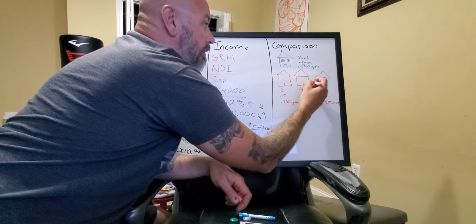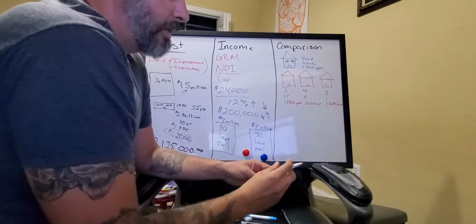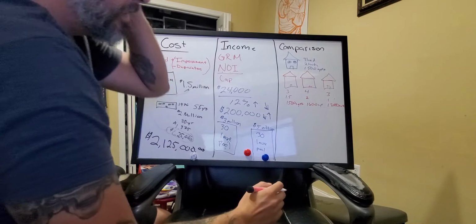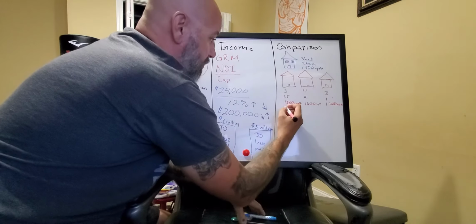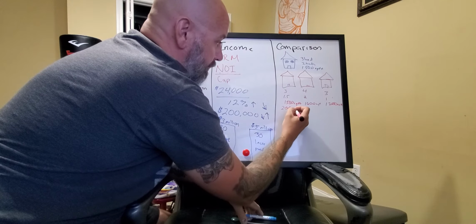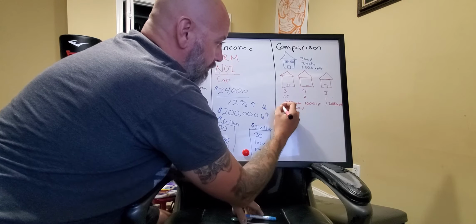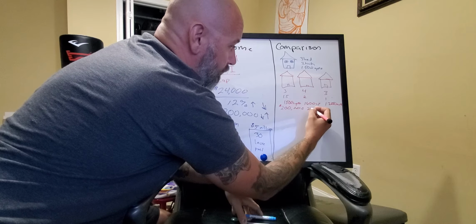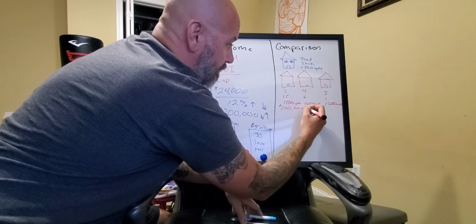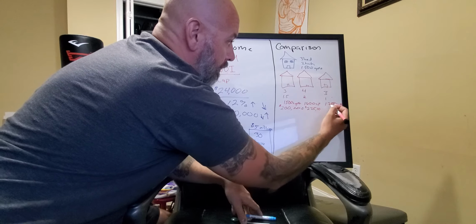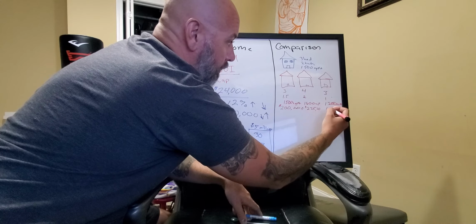You can't get into my houses. All right, so what they do here is this one just sold for 200 grand. This one just sold for 225. And this one sold for 190.